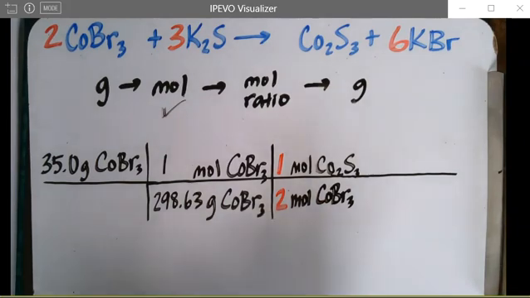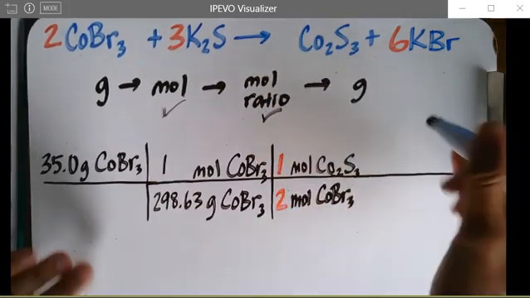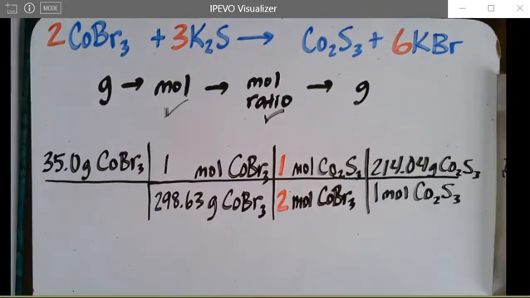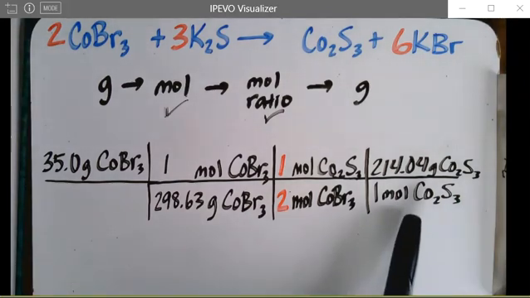Okay, so now that we've set up our mole ratio correctly, we're on to our final step of converting to grams of cobalt-3 sulfide. So take a moment to set that last step up. So let's just make sure you got the right mass for cobalt-3 sulfide, 214.04 grams in 1 mole.